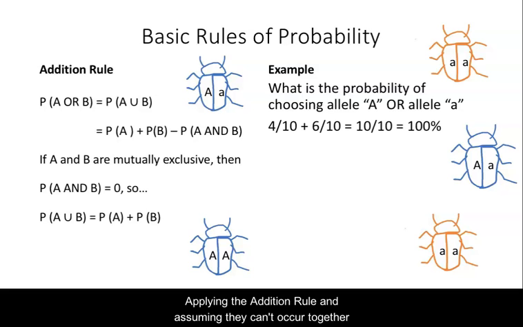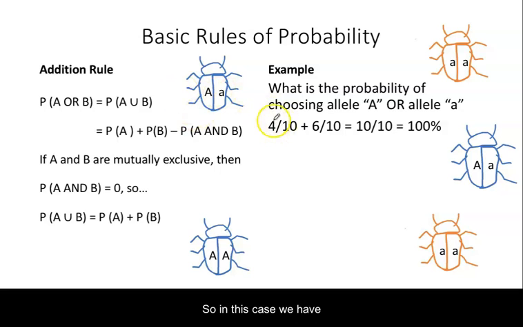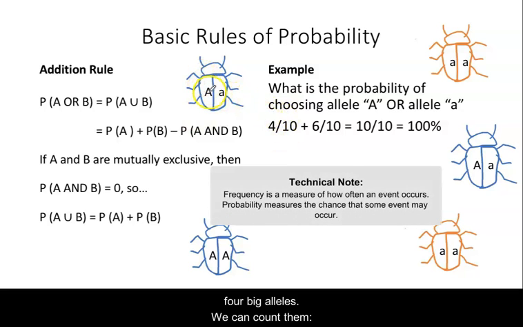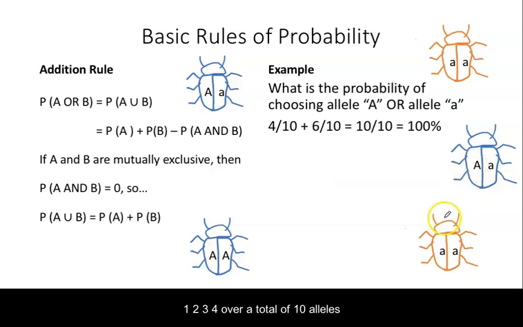Applying the addition rule and assuming they can't occur together, then it's the probability of big A plus the probability of little a, which in this case is the frequency of big A plus the frequency of little a. So in this case we have 4 big A alleles, and we can count them 1, 2, 3, 4, over a total of 10 alleles in this example.